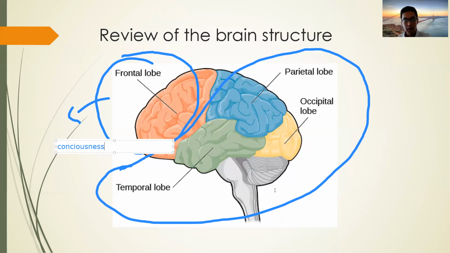And some parts, like the secretion of some hormones, such as growth hormones, control our height, whether we can grow taller. We do not have the control or the awareness of that at all, because it is controlled in the midbrain by the hypothalamus or thalamus.